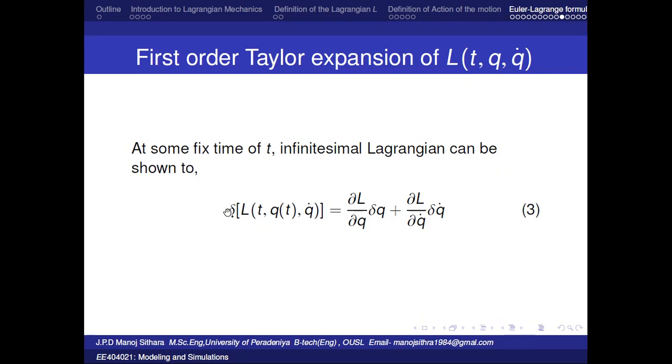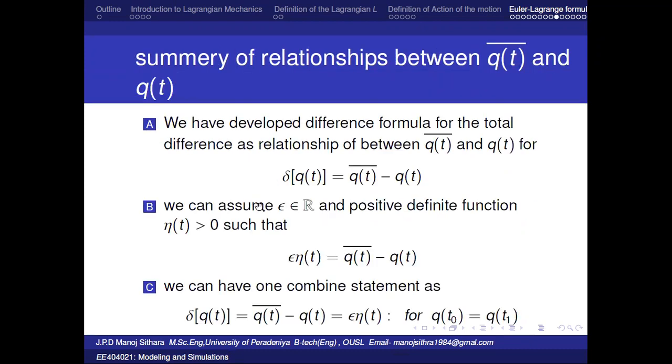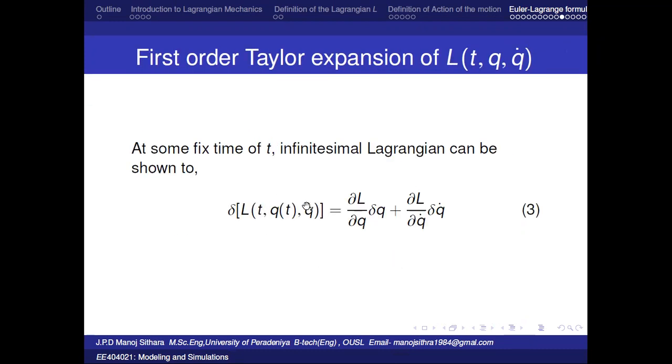The error or total difference of the Lagrangian can be treated as a very small segment of the Lagrangian, which can be derived using a first order Taylor expansion.